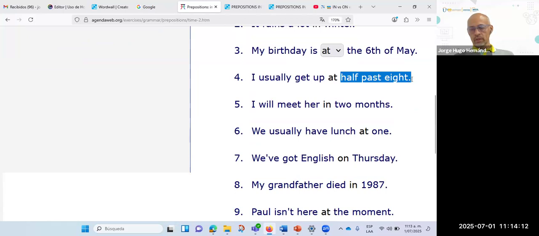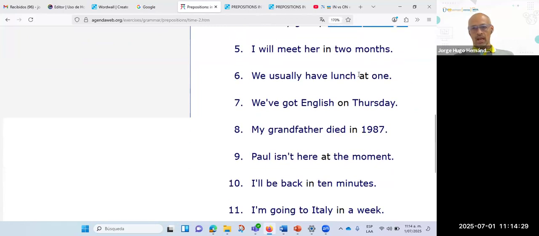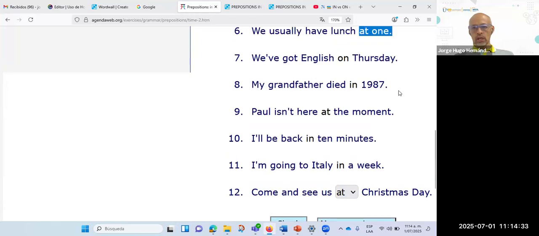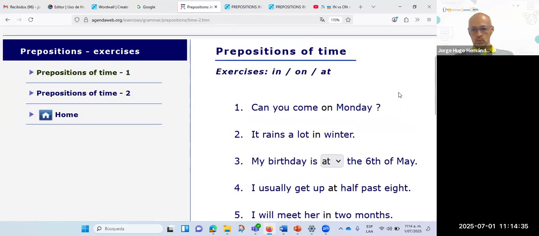Another rule that we can deduce here, in order to say the time. When we are going to say the time in English, we always use at, like this one, at 8:30, at 1. And let me see.